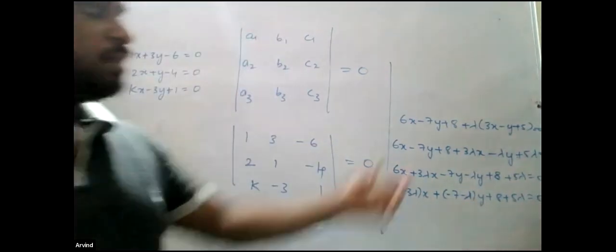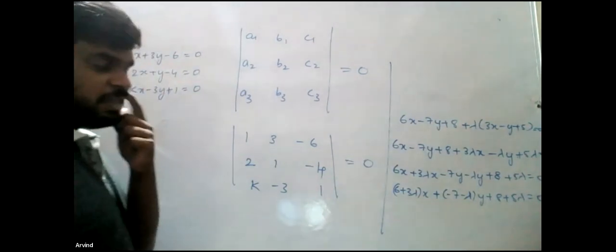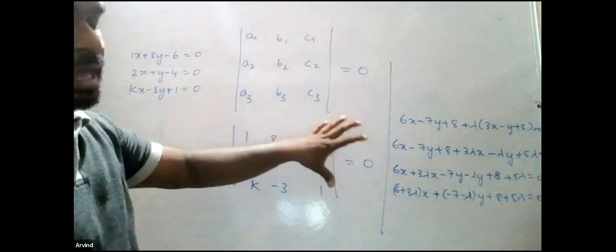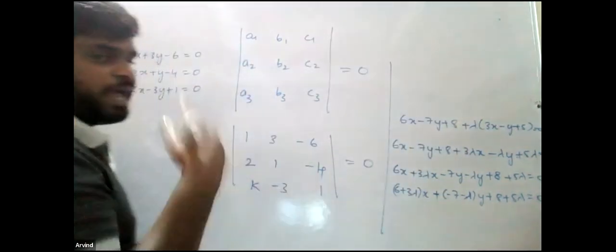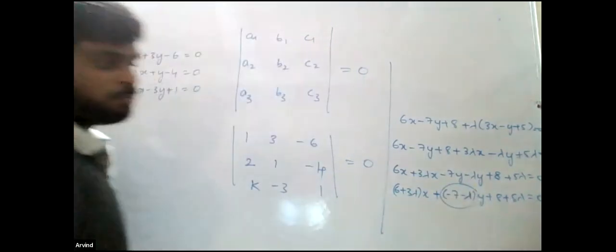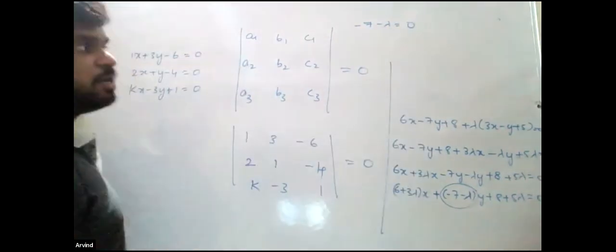Now what is the question? This line is parallel to the y-axis. If it is parallel to the y-axis, you have to remember this: the coefficient of y should be 0. So -7 minus lambda is equal to 0.